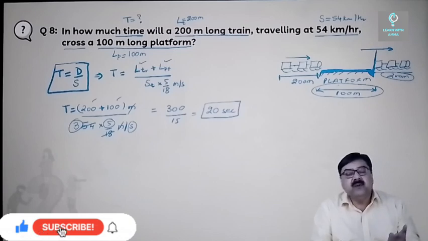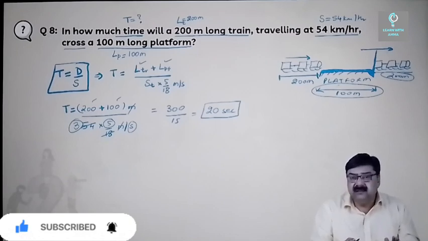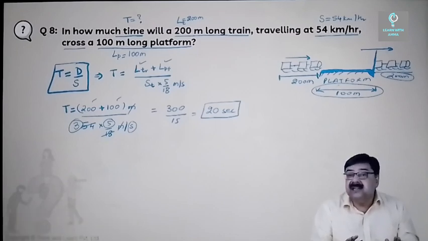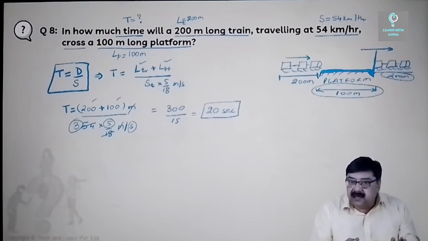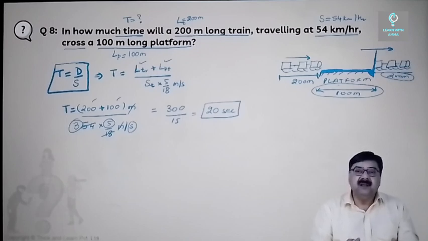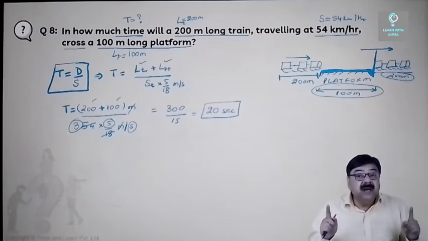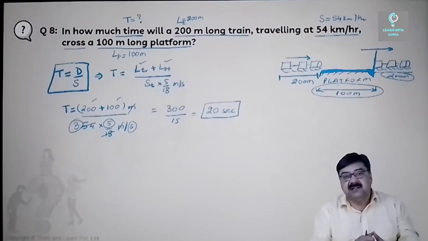Now, in the previous question, the train crossed an electric pole, which was a stationary object of negligible length. The length of the electric pole we had taken as 0. Now, in this case, train is crossing a stationary object of considerable length. And this time, the object that it crosses is a platform which has a length. It could be a tunnel, it could be a bridge, anything which has considerable length which needs to be crossed.